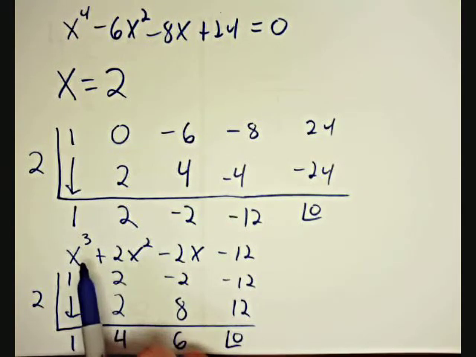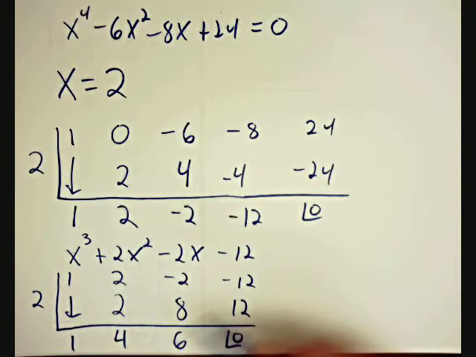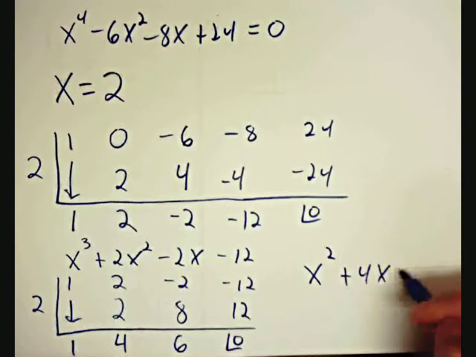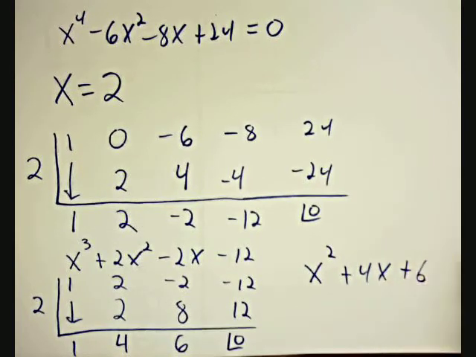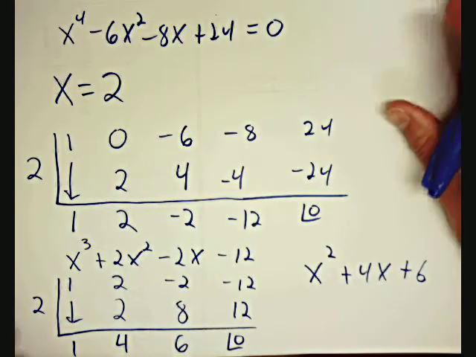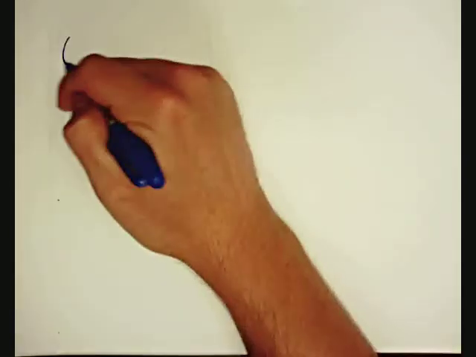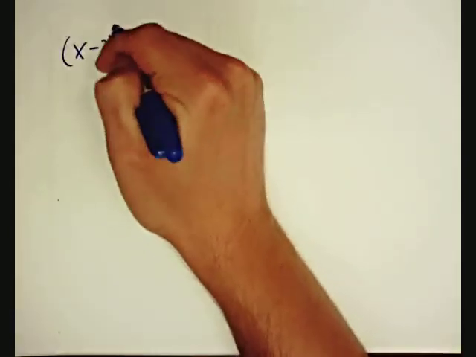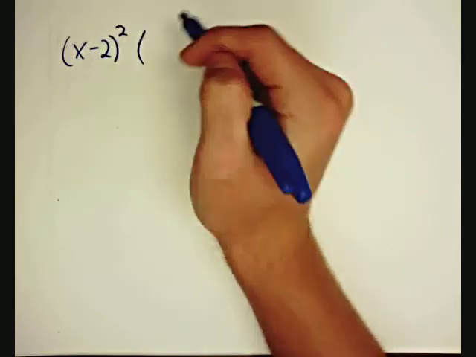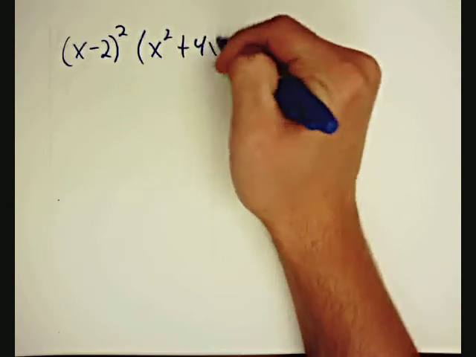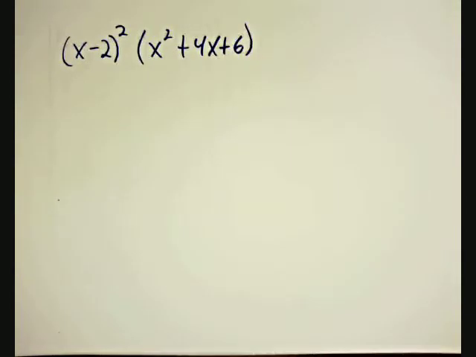This was x cubed, and so this gives me 1x squared plus 4x plus 6. So using synthetic division twice, we're able to uncover a quadratic factor. So my polynomial can be thought of as factoring into x minus 2 twice times the quadratic factor we got, x squared plus 4x plus 6.